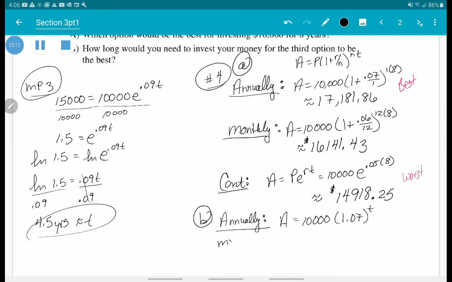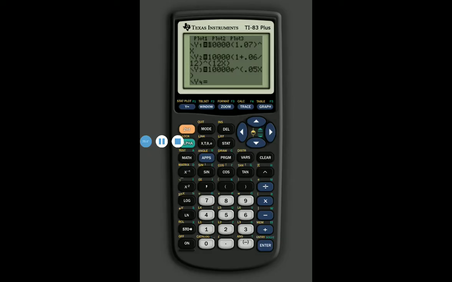We can graph the monthly one too, and then the continuous. So we're going to plug those into our Y1, Y2, Y3. Y1 is the annual interest formula. Y2 is monthly and Y3 is continuously.